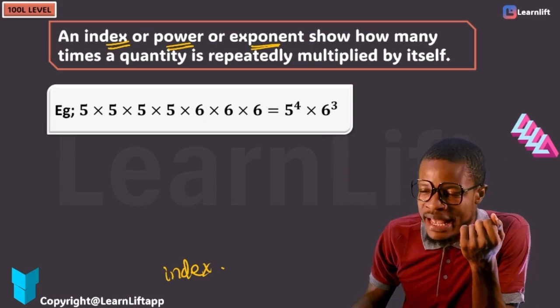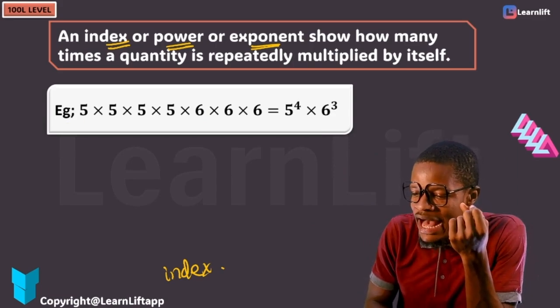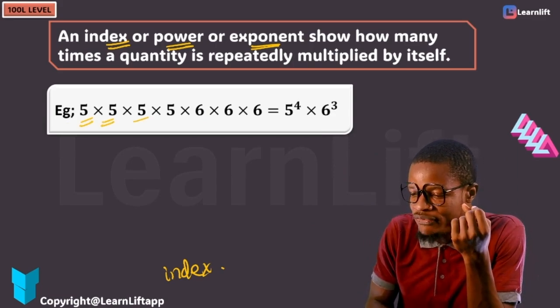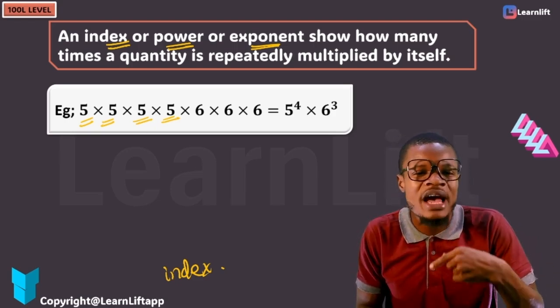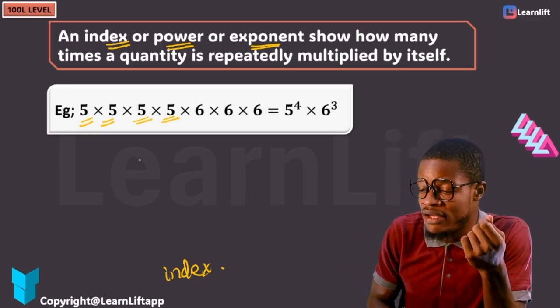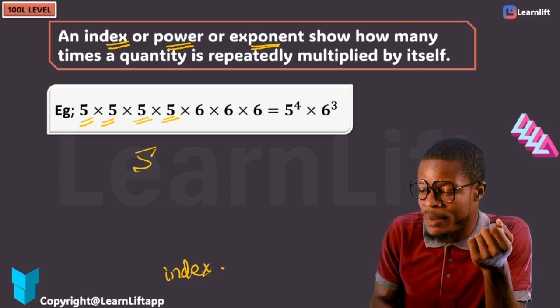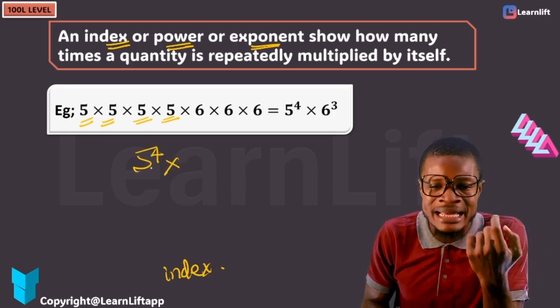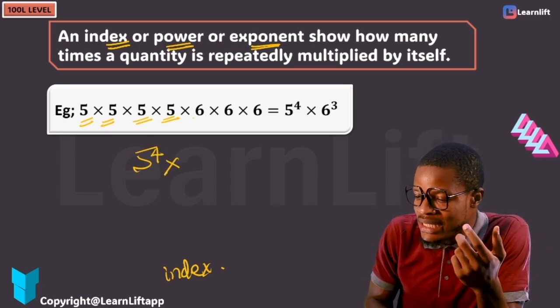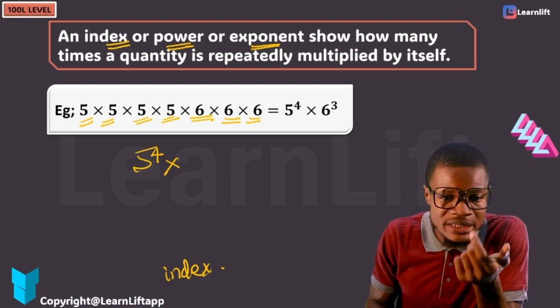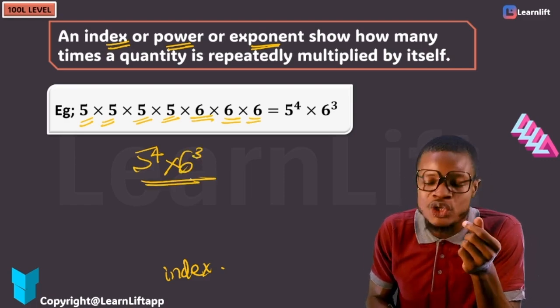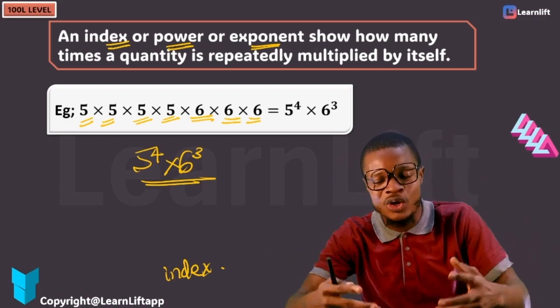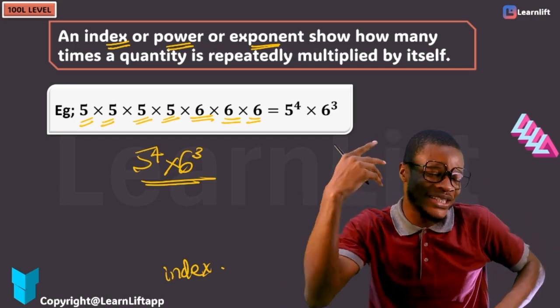You can see from here that you have 5 times 5 times 5 times 5. Now the question is, how many times has 5 repeated itself? 5 has repeated itself 4 times. That's 5 raised to the power of 4, multiplied by 6, which has repeated itself 3 times. That's 6 raised to the power of 3. So this is the way we present your index or your par or your exponent.